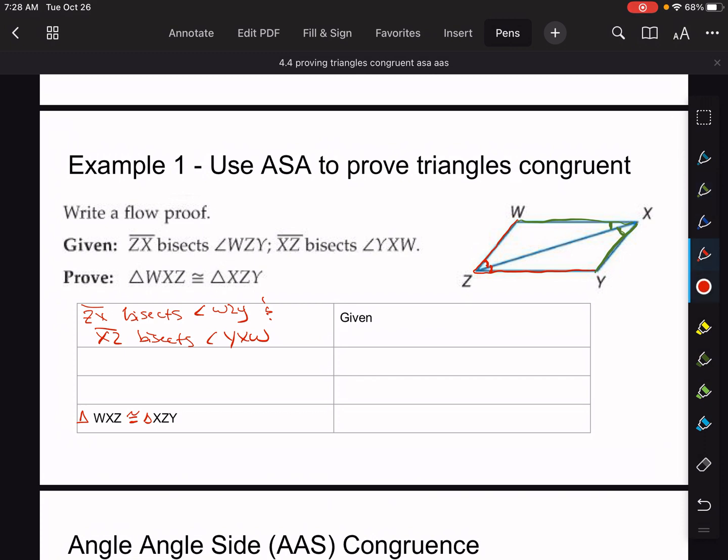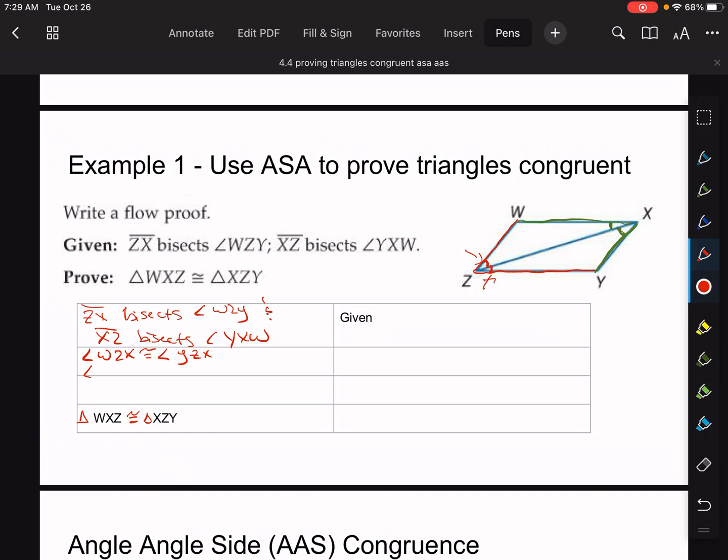So let's say that angle WZX is congruent to angle YZX. And we can also say that angle, so those were these two, right?